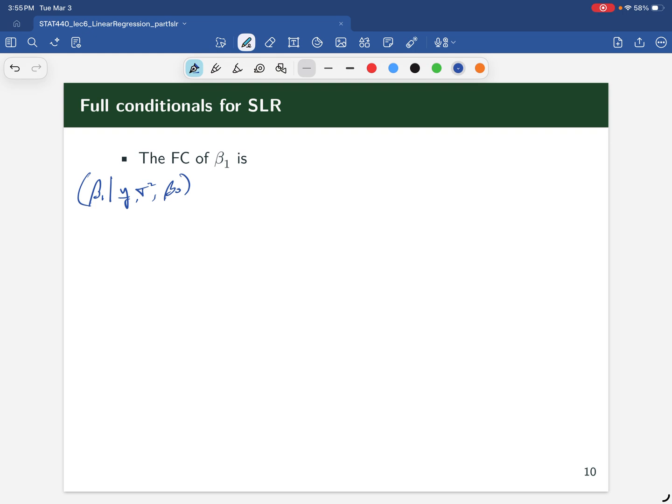If you remember in the module 4 notes, when we were trying to write down the posterior distribution for mu given sigma squared, that was pretty involved. Now having beta naught in here is going to make that even more involved.